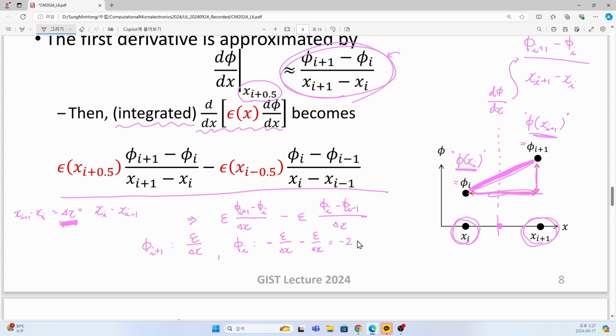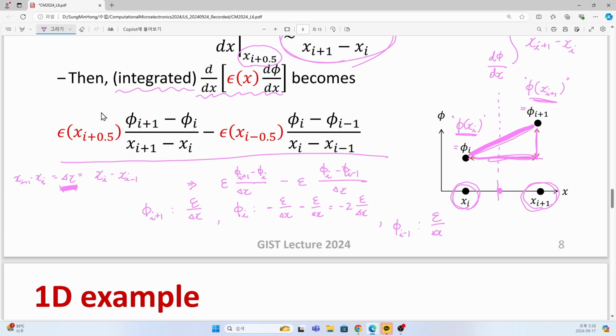So we will have minus 2 times epsilon over delta x. And finally, the coefficient for phi sub i minus 1 is also the same, epsilon divided by delta x. Okay, now we can consider the coefficients for these unknown variables.